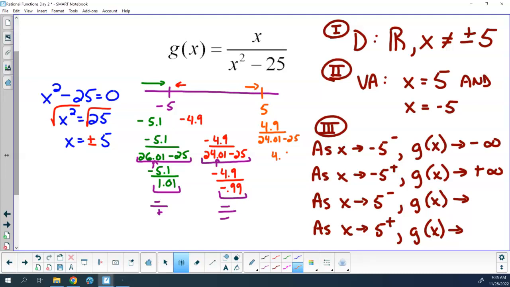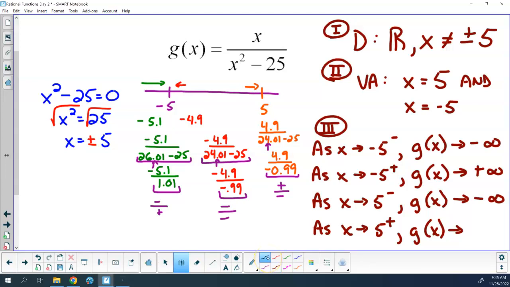That's going to be positive 4.9 divided by negative still, that. Again, this number here is going to get closer and closer to 25, which means this number here is going to get smaller and smaller and smaller, which means positive divided by a negative would be negative infinity.